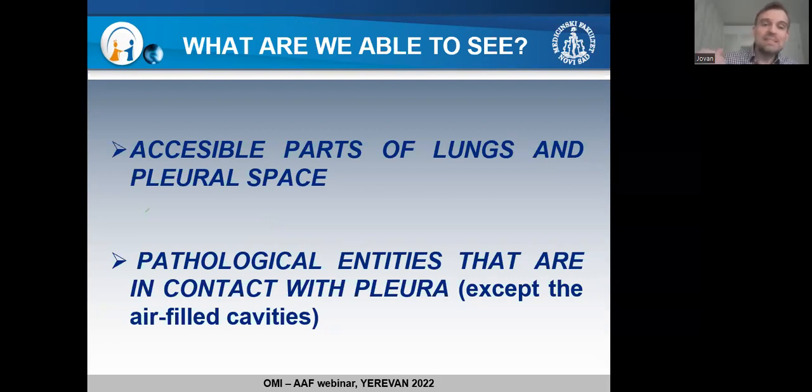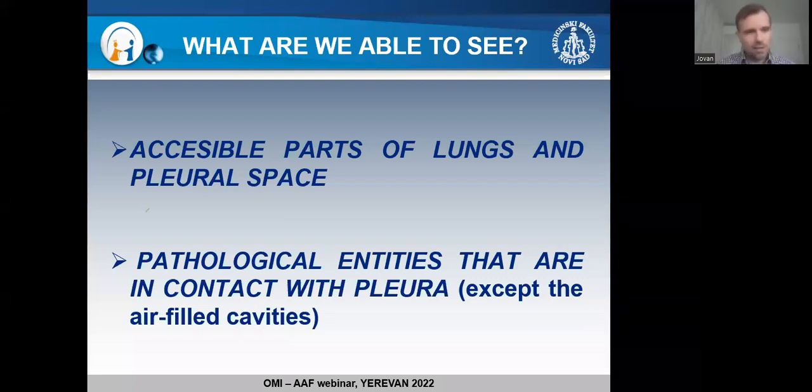So even then, if some pathological entity is in contact with pleura, and if it's, for example, an air-filled cavity, we'll have quite a problem to see it on ultrasound. We can see air-filled cavities, we're going to talk about it today, but they're problematic for lung ultrasound.